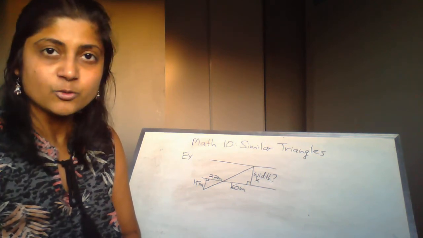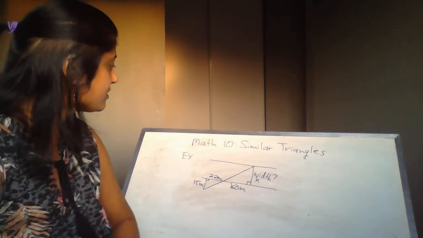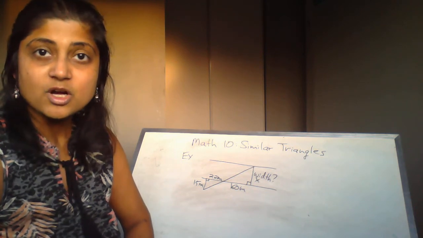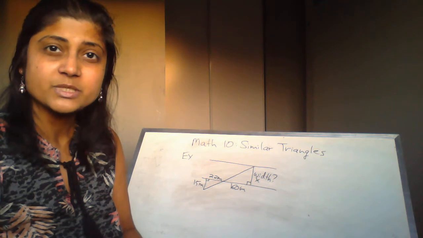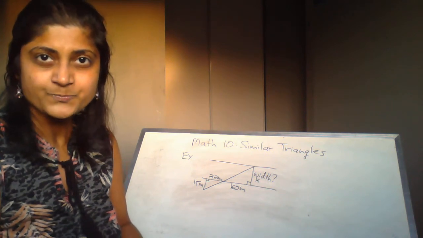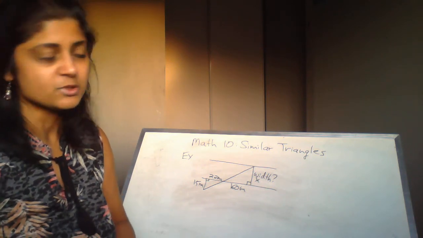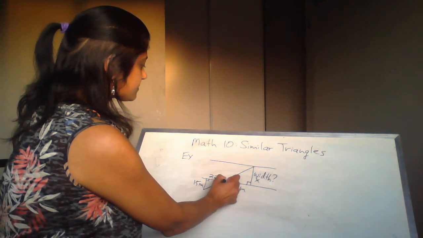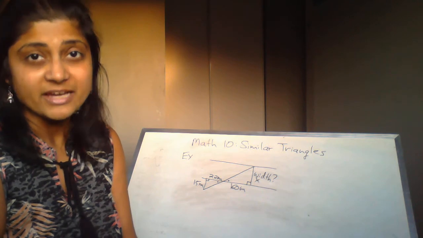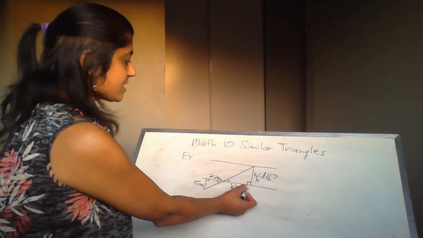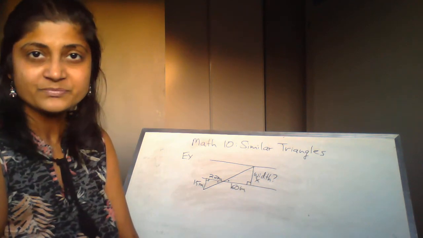If we're finding the width of the canyon, I noticed that both of these triangles are similar triangles. For triangles to be similar, they don't have to be the exact same size. How I know that these two triangles are similar is because these two angles right here where I put a dot are opposite angles. Then I also noticed that I have a 90-degree angle as well.